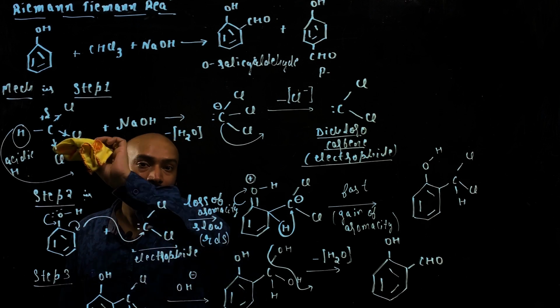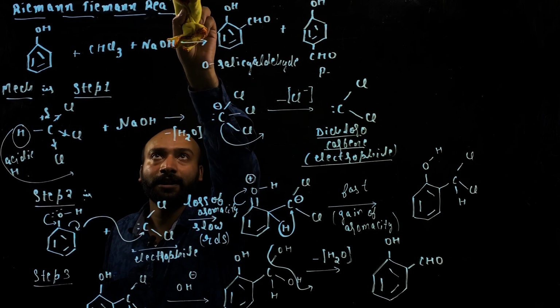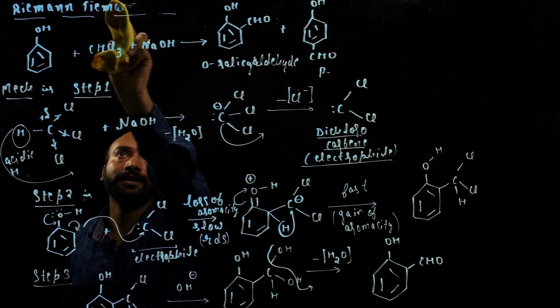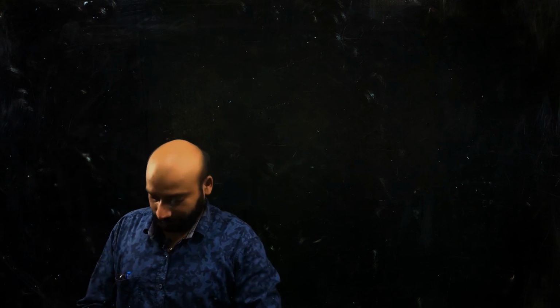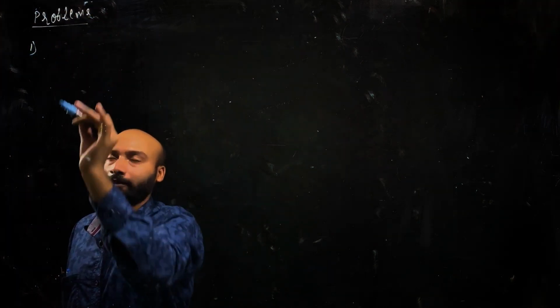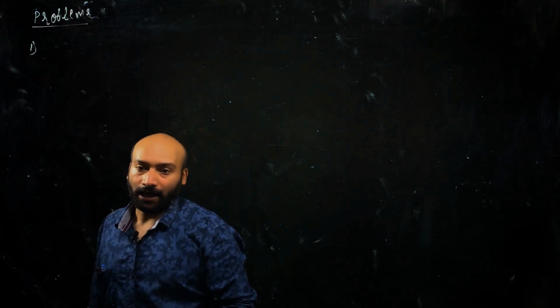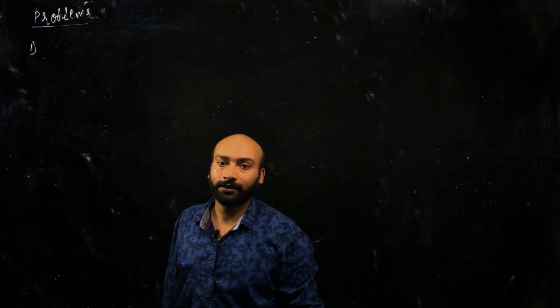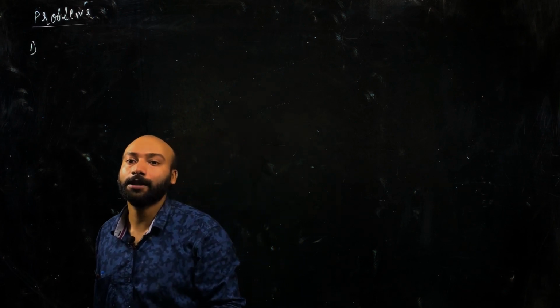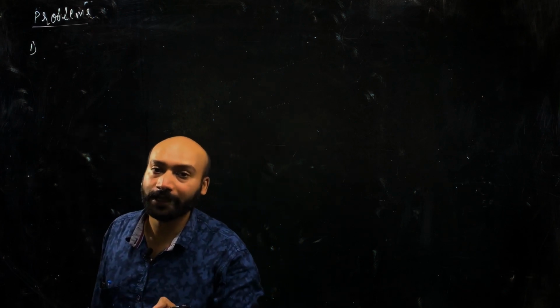Now let me rub this out and clarify which types of questions are asked on this reaction. First problem I ask of you: pause the video, solve it, and then come back and check whether you are right or not.